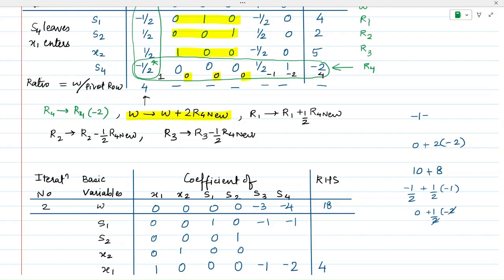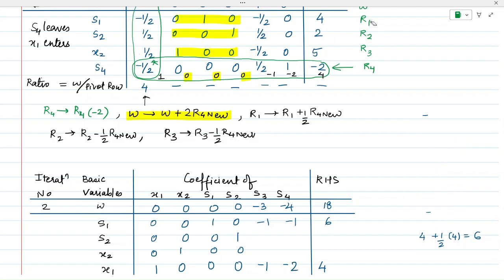And the last one, which is 4, 4 plus 1 by 2 times 4, which becomes a 6. Okay, I can check the calculations.